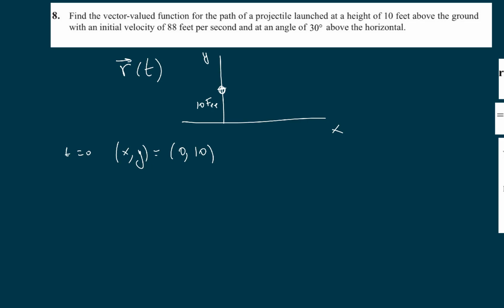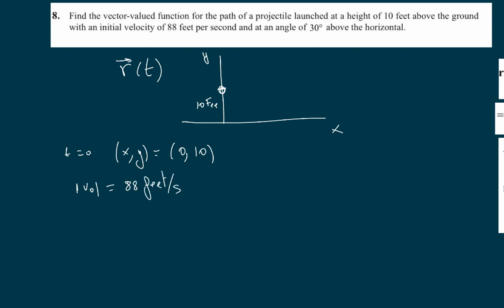This is the initial condition for the position above the ground, with the initial velocity 88 feet per second. So the initial magnitude of the velocity is 88 feet per second.